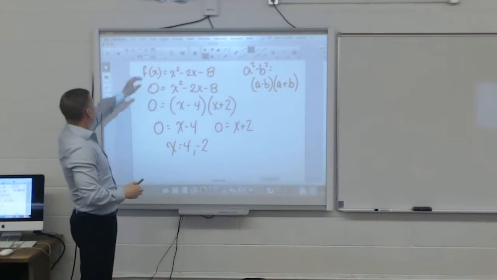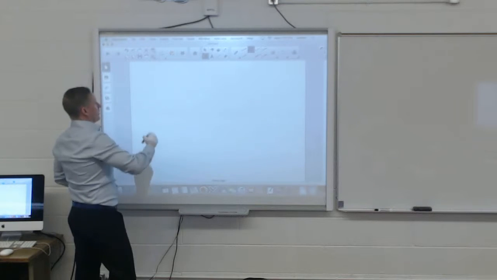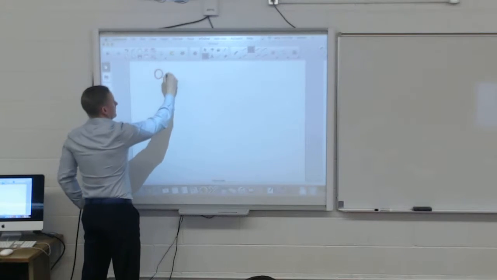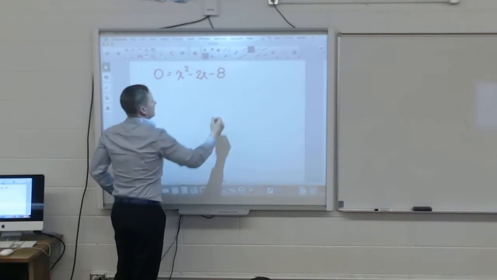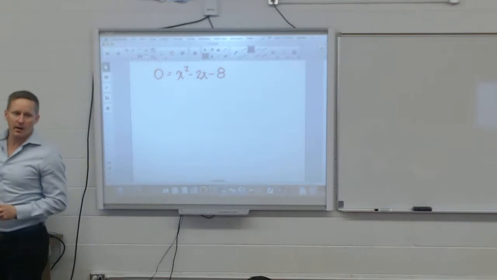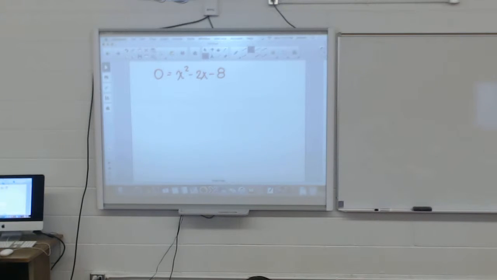Okay? The third method, the method that we're going to look at today, is solving this using completing the square again. Now the first time we used completing the square, we were looking for just the value of the vertex.